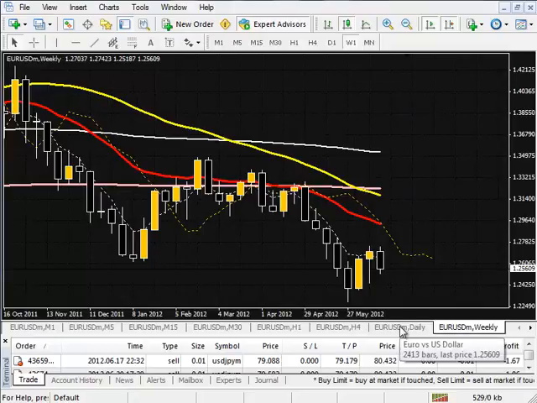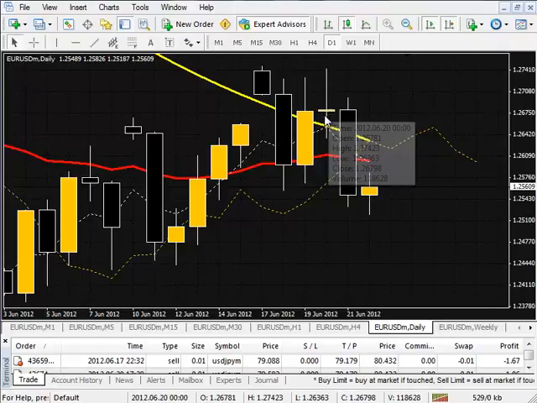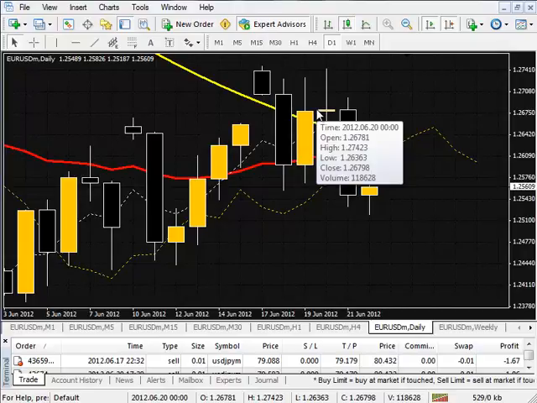We're going to look at the Euro USD daily. And then we're also going to look at a couple of things. When I see some things that I know, I'm going to just say them out to you. I notice that there's a wick here that's longer than the wick on this side, and the body's kind of short.